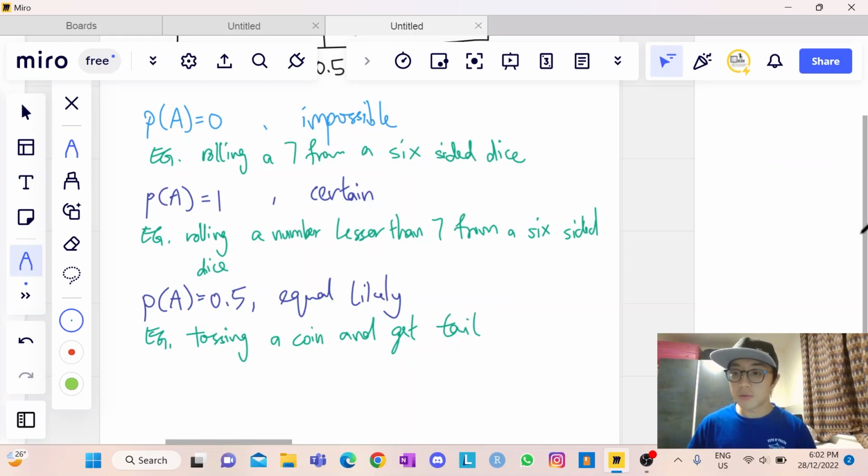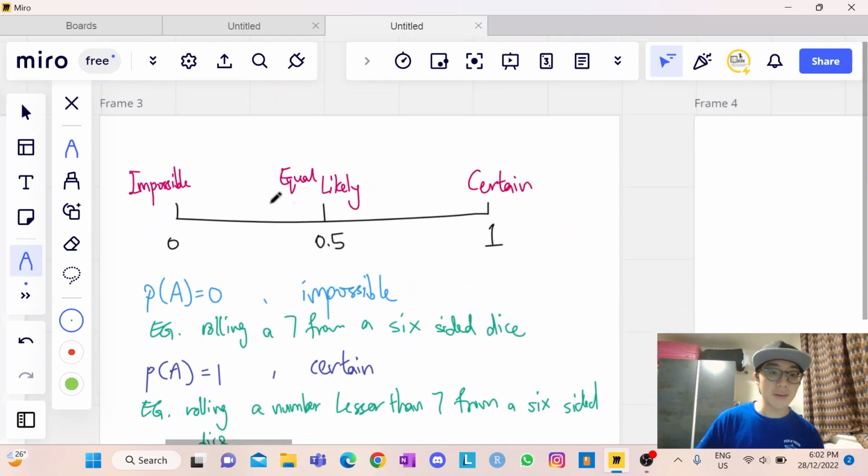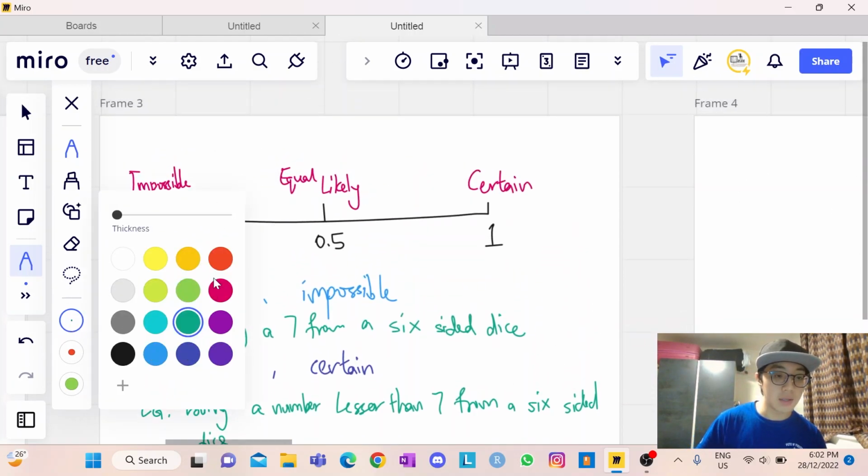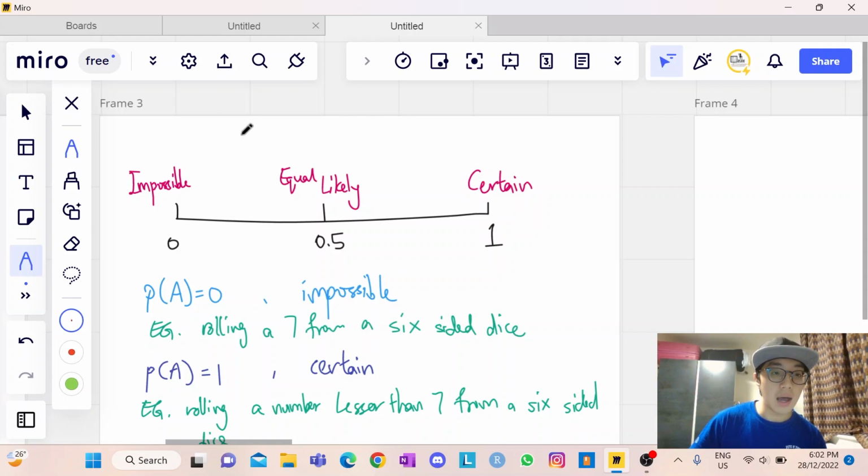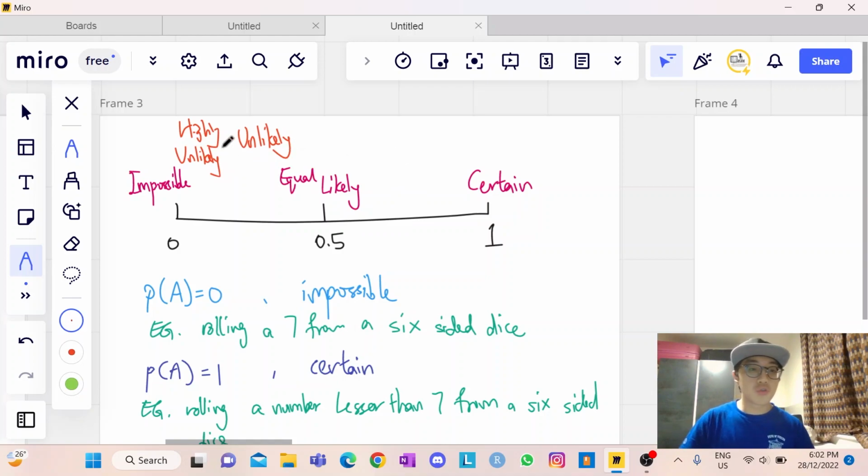All right, so if you are going to the left side of equal likely, then it will be unlikely to happen, followed by highly unlikely. All right, so after you move towards the, let me draw the line here and here.